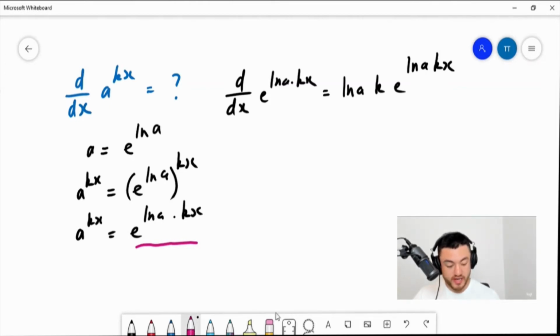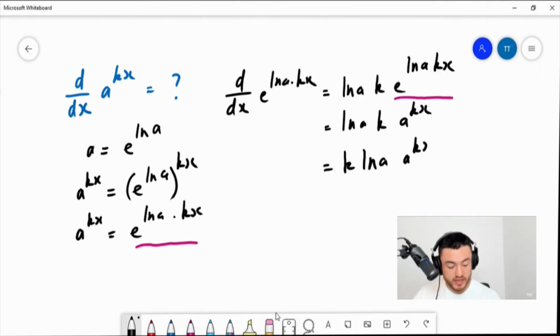Now we should notice that that is the same thing as what we had already down here in purple. So I can replace that back with ln a times k times a to the kx. If I rewrite this, we can bring the k out the front: k ln a times a to the kx. So that is the derivative of a to the power of kx.